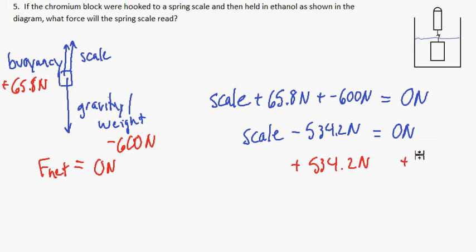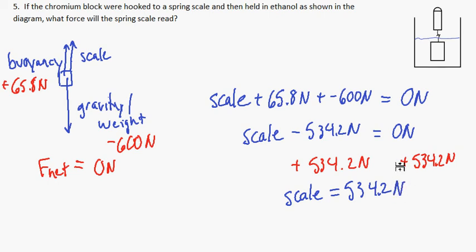Once we do so, we will get that scale is equal to positive 534.2 newtons. Because we said this is equivalent to what the spring scale reads, this will be our answer for that last part.